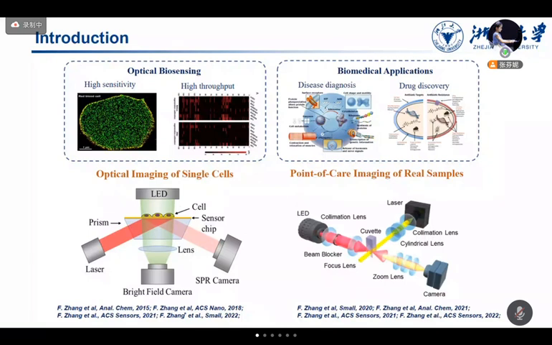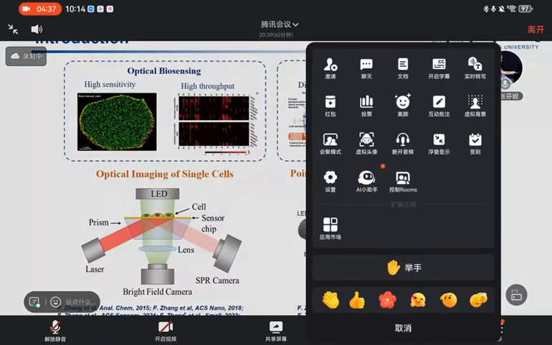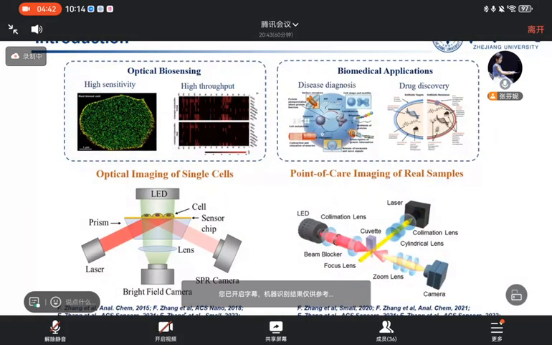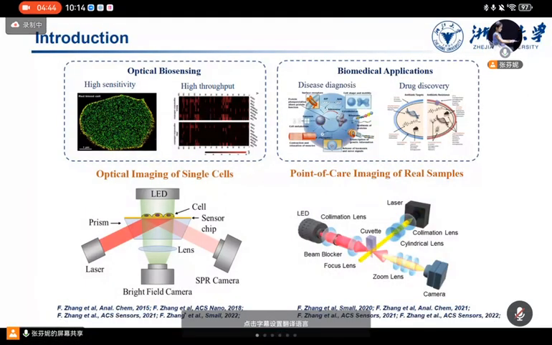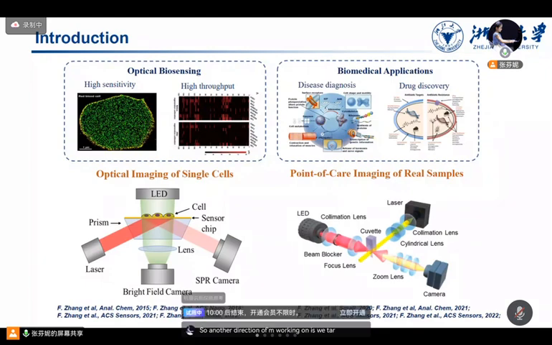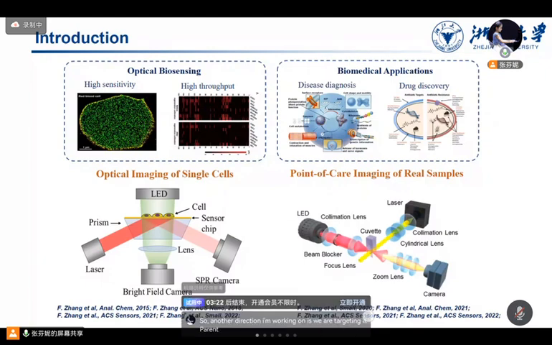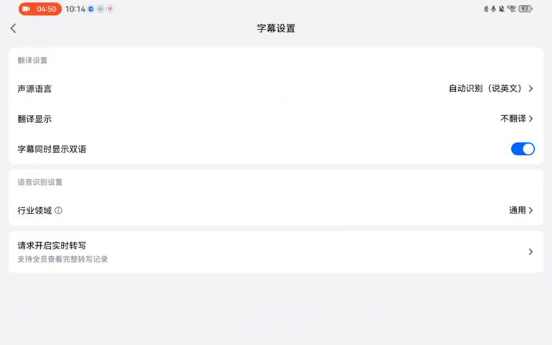So there are two different directions here. First, we are trying to solve precision medicine. We are trying to screen targeted drugs, targeting the cell surface receptors. Another direction I'm working on is antimicrobial susceptibility, I mean the antimicrobial resistance problem.